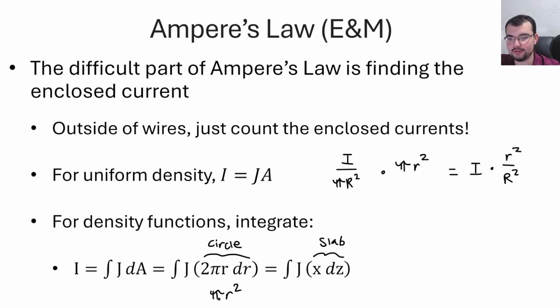So you have to integrate if you have to find currents, which is often a question by itself, not actually an Ampere's law question. It might ask just what's the total current. So you have to integrate with respect to r, not J of r, but J times 2 pi r dr. Now a slab would be like a rectangle, maybe whose area is x times z.